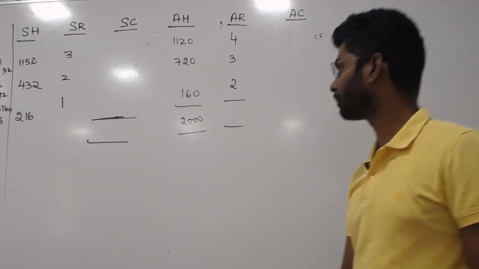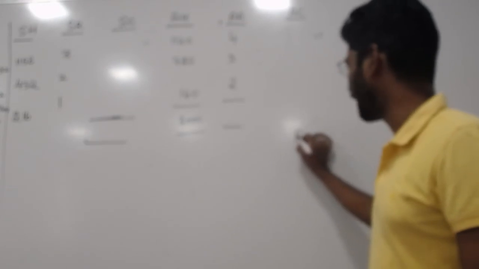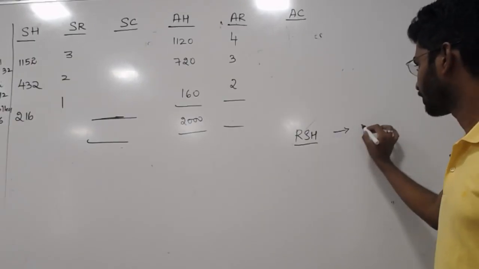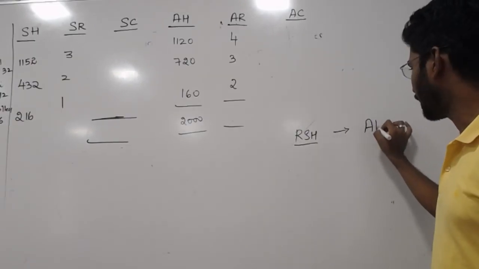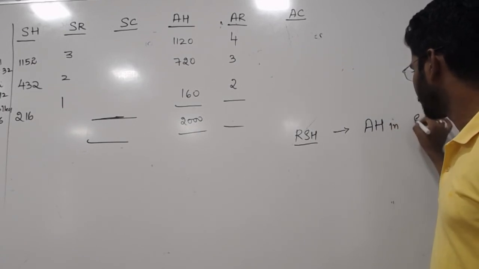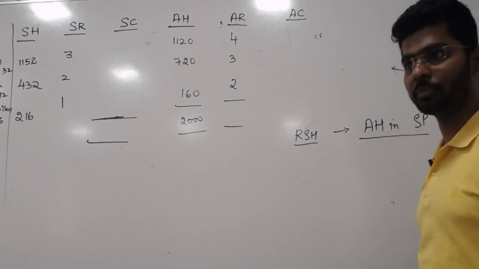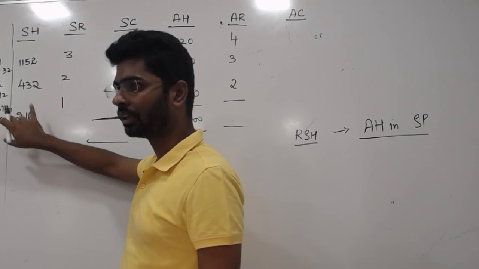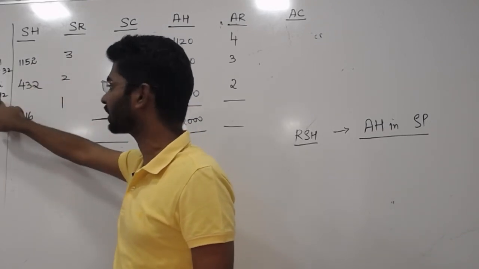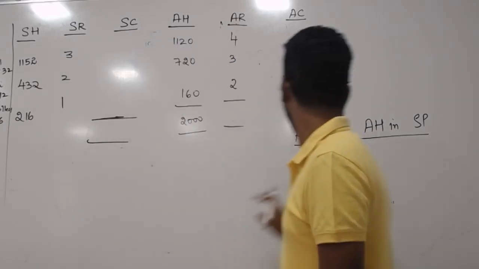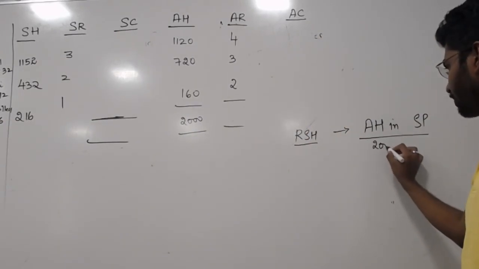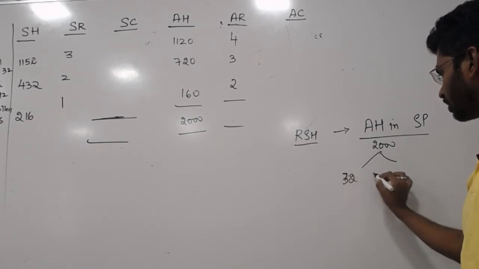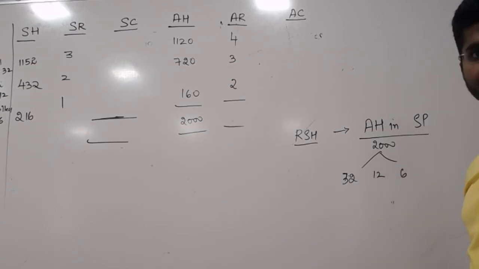Fine? Okay. Now see here, what is RSH? Actual hours in standard proportion. Either you can do these 3, because anyway multiply by 40, or you can just take the number of employees. So that will be 2000 in the ratio of 32, 12 and 6.